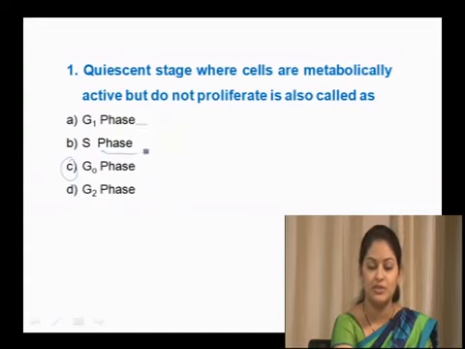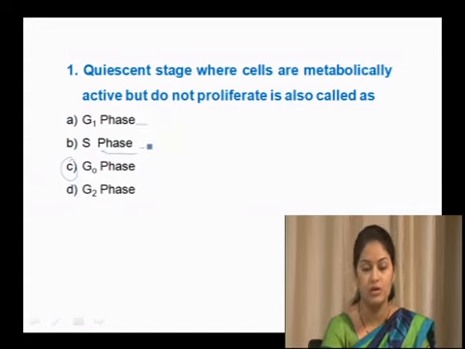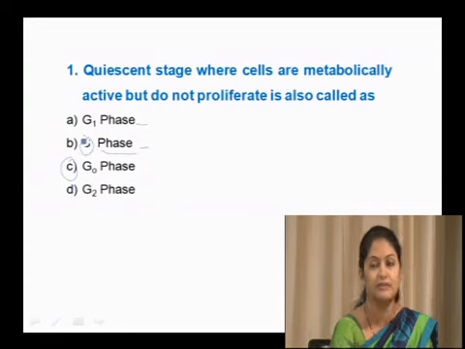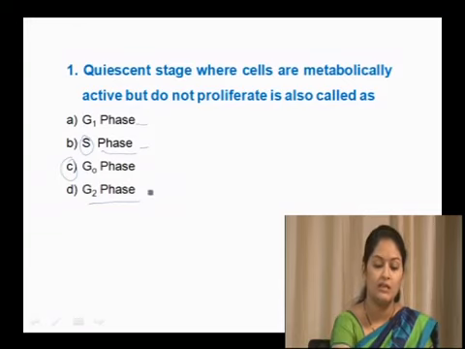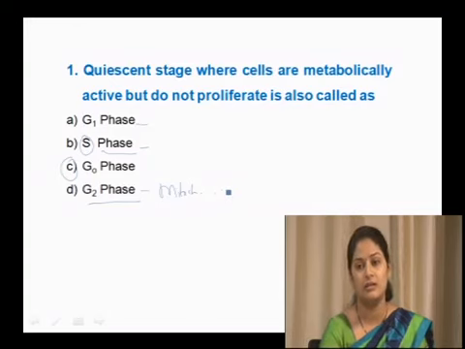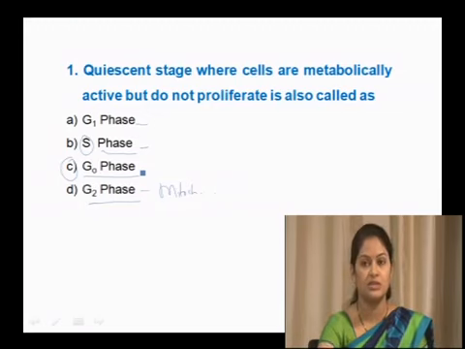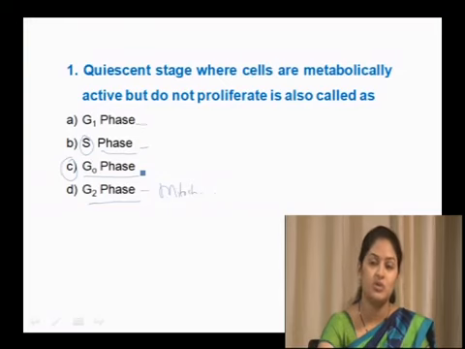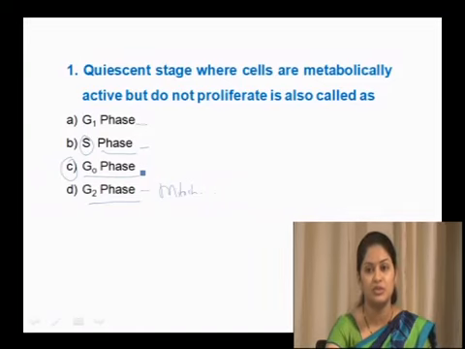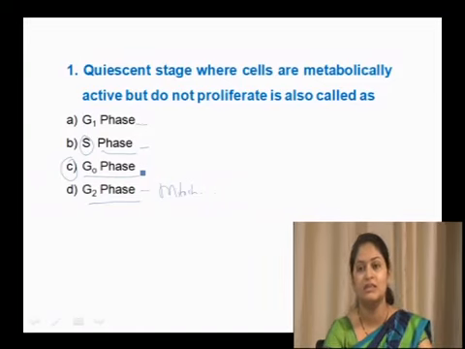S phase is a stage during which DNA doubling will occur, therefore it is rightly referred as a synthetic phase. G2 phase is the last stage of interphase where the cell organelles, say for example mitochondria, will divide and their number will double. Therefore, the answer for this question is G0 phase, where the cells are in non-dividing stage. So, you can call them the differentiated cells or the permanent tissues like parenchyma are in this particular stage. So, answer is C.